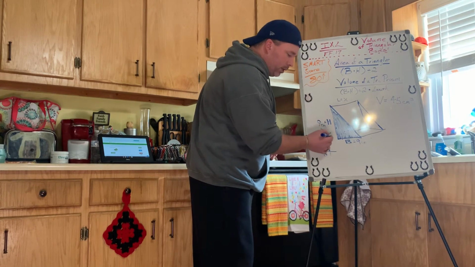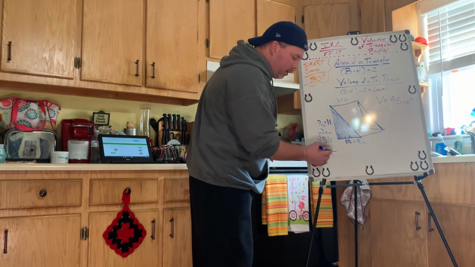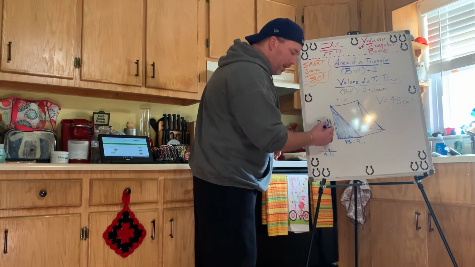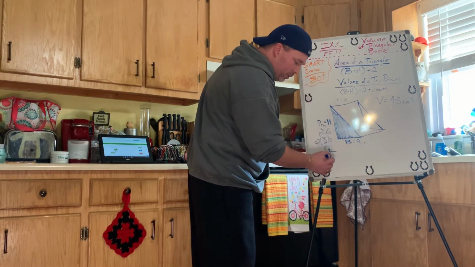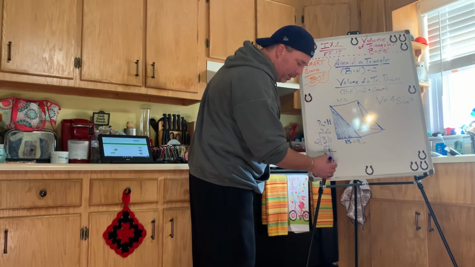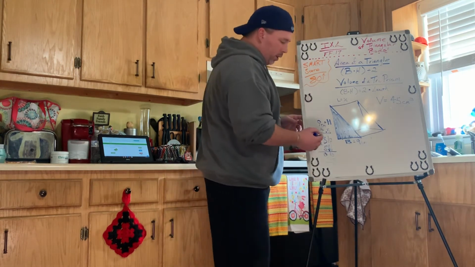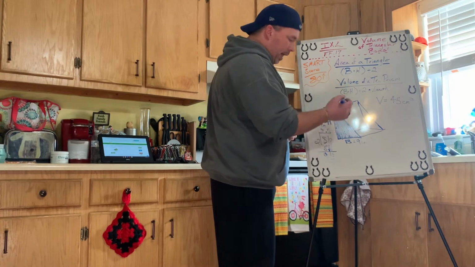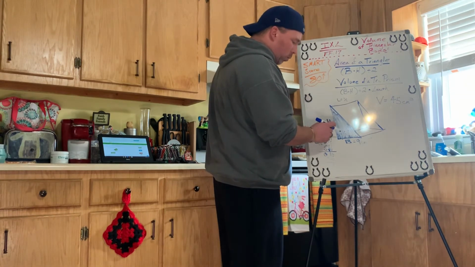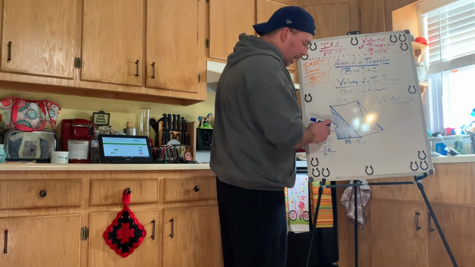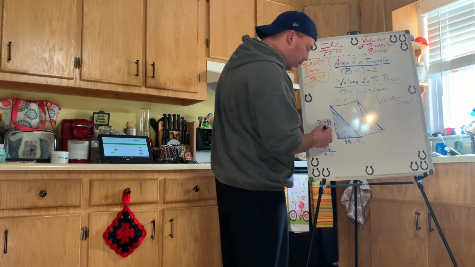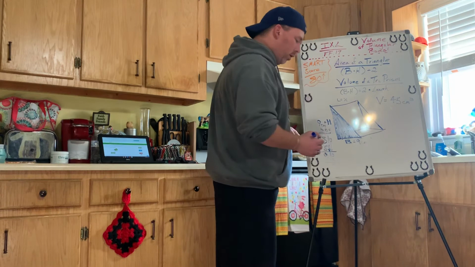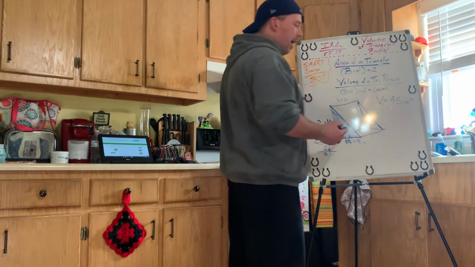Decimal point, 0, drop that. 2 goes into 10 5 times. 5 times 2 is 10. 10 minus 10 is 0. We're cool. So ultimately, half of 81 is 40.5. Okay, we've got 40.5.